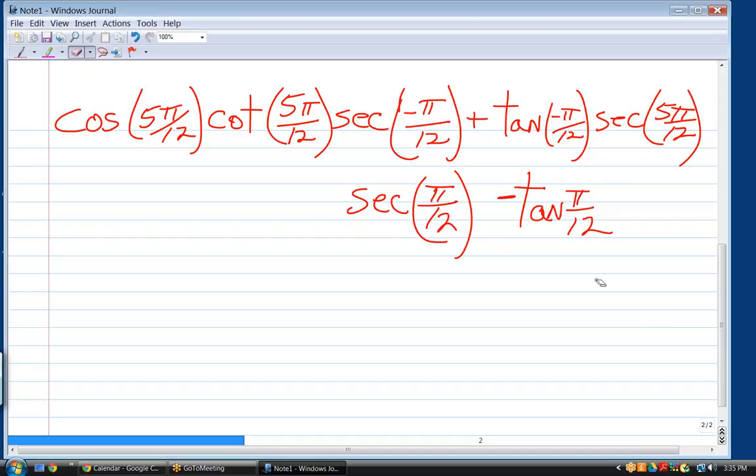All right. Now, the goal on all of these is to see if you can figure out the relationship between the two primary angles they've given us here, 5 pi over 12 and pi over 12. Well, let's talk about cosine of 5 pi over 12.